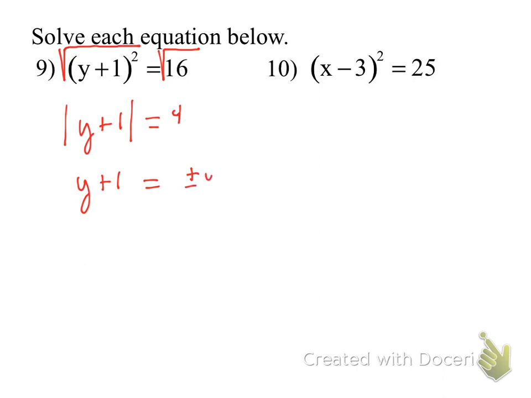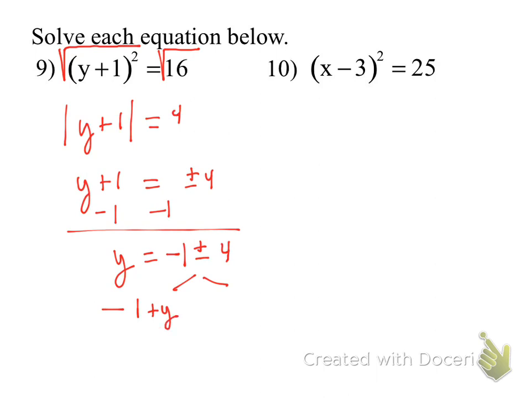Now, to lose the absolute value, y plus 1 equals plus or minus 4. I subtract 1 from both sides. I get y equals negative 1 plus or minus 4. So that's 2 potential situations: negative 1 plus 4 and negative 1 minus 4.